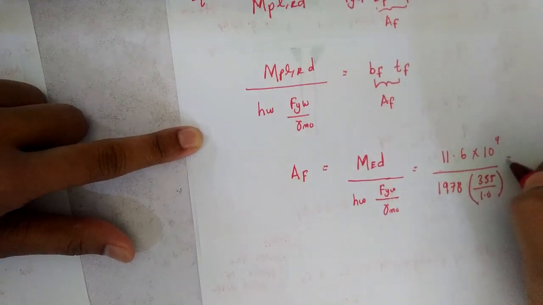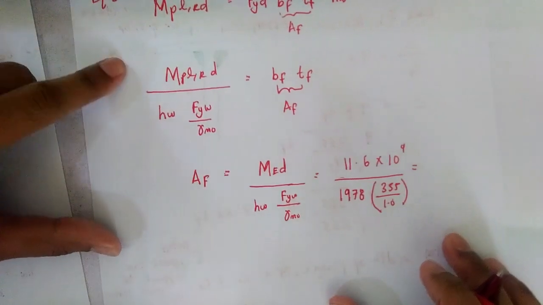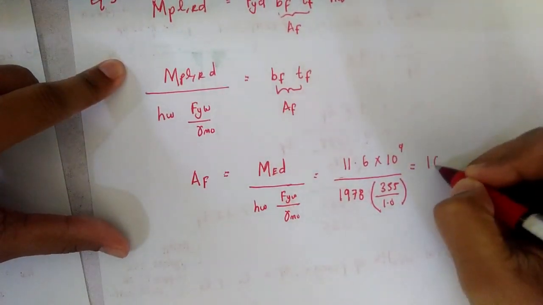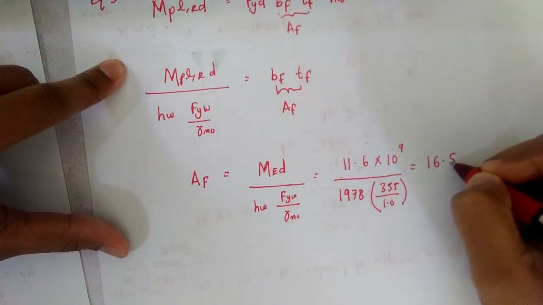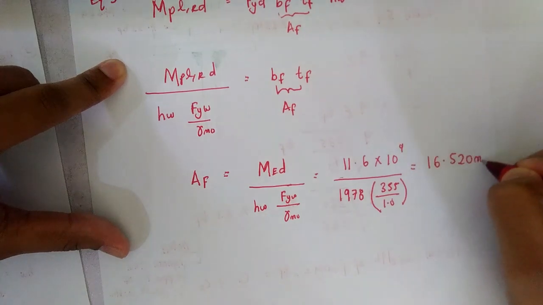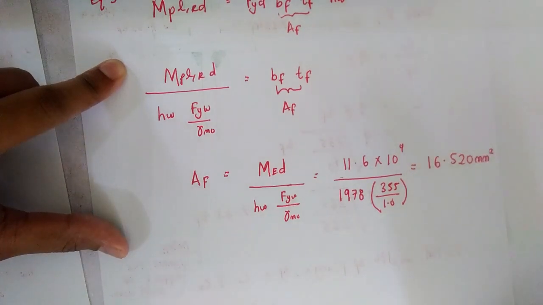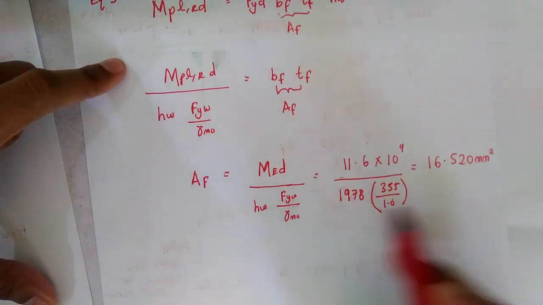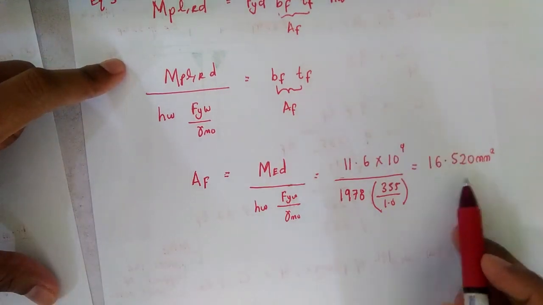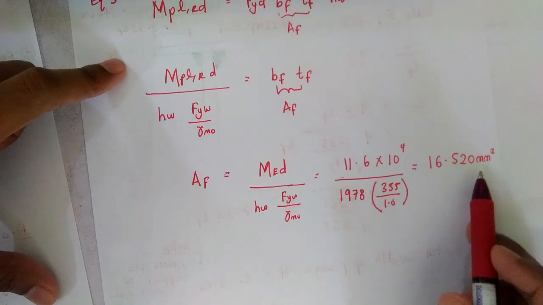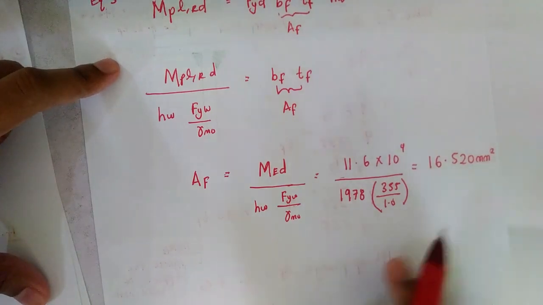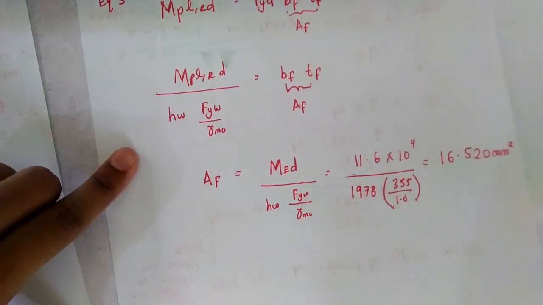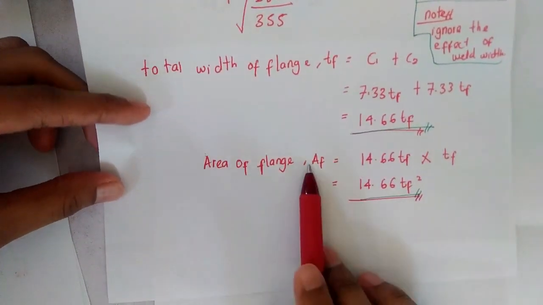Finally you will end up with 16,520 millimeters squared. So the area of flange here is 16,520 millimeters squared.